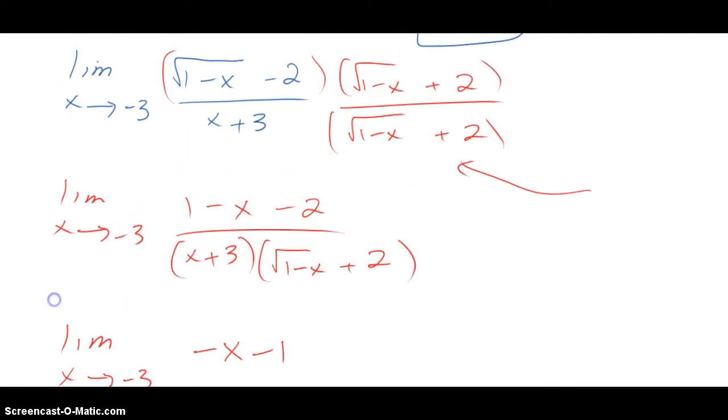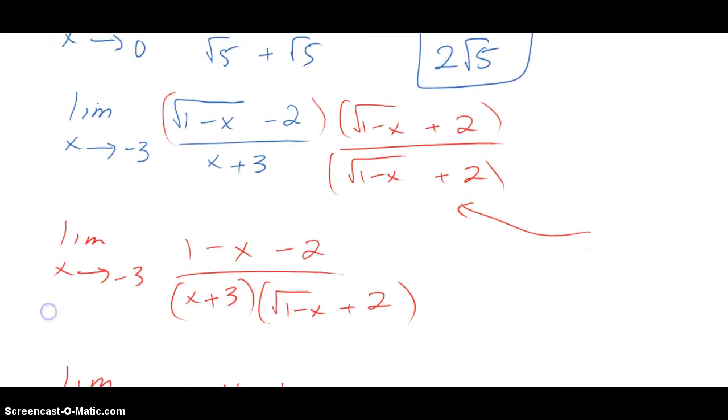Okay, I'm embarrassed to say this, but I made a mistake, didn't I? Because if we look at this here, let me just switch colours so that you can see what's going on. This is our a minus b, and this is our a plus b, and when we multiply those two together we get a squared minus b squared, and the a squared would give us 1 minus x, and the b squared, well, this right here is b, so b squared would be 4.